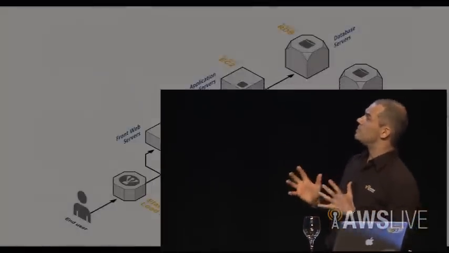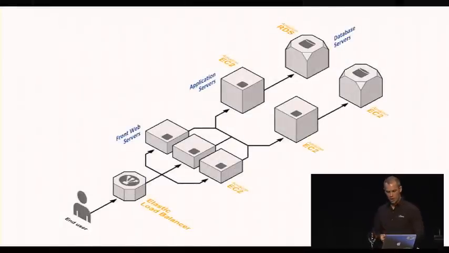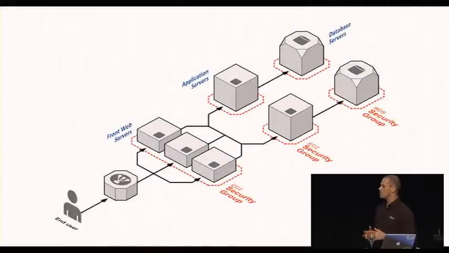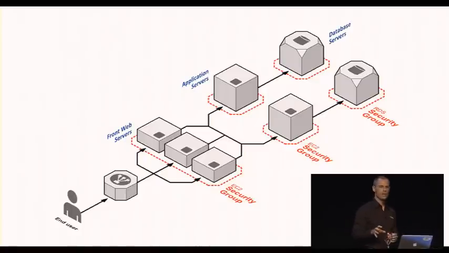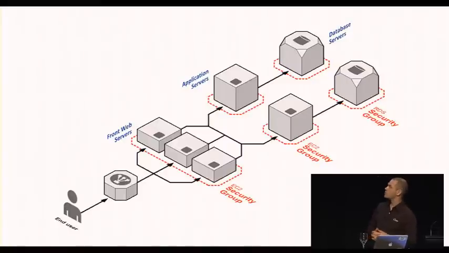Security groups. So security groups, think of these as like firewalls at the hypervisor layer, the layer that controls access to resources inside of AWS. And if we consider a typical 3-tier architecture, what we would typically do is create security groups for each one of those tiers. So we would have a security group for the web tier, one for the application tier, and also one for the database tier. And then we would restrict access to each one.